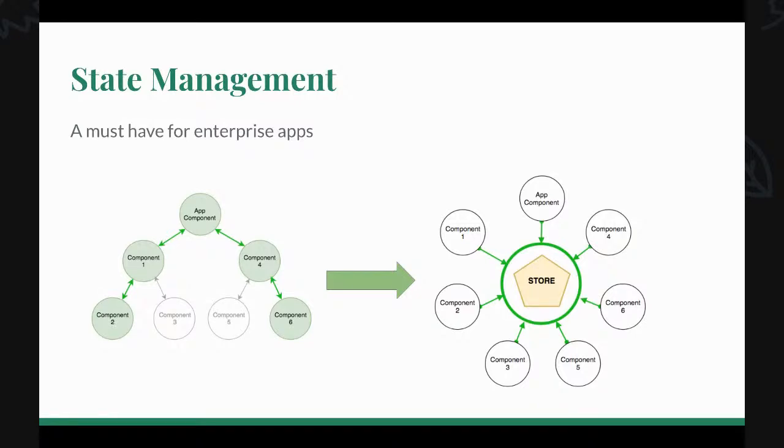And the CQRS pattern heavily talks about how command and query should be separate. The command is nothing but a user action that you perform. Say, searching in that hero box is a command, and a query is something that returns data.